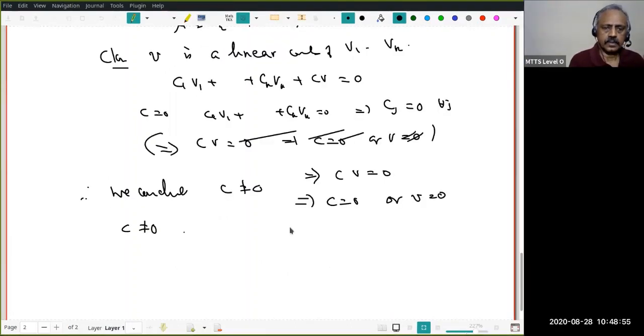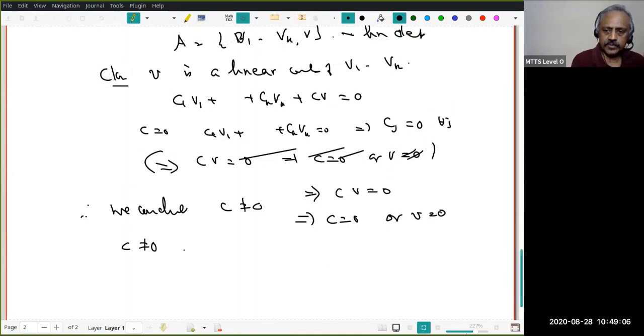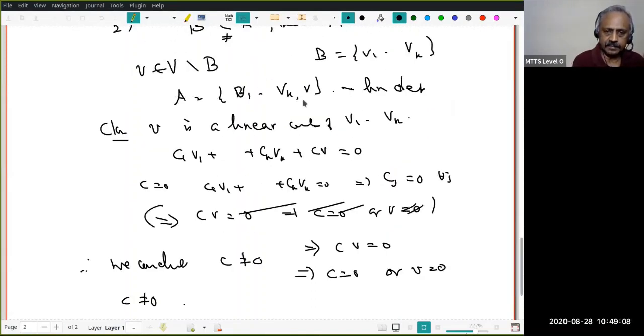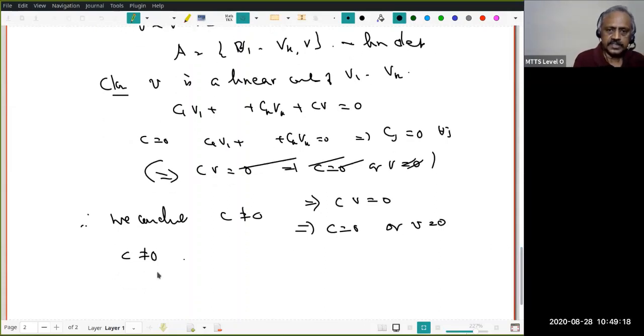Now I claim v must be a linear combination of v1 to vk. By the very definition, we know v1, v2, ..., vk, v, this set, is linearly dependent. That means there exist scalars c1, c2, ..., ck, c so that c1 v1 plus ... ck vk plus c v is 0. Now suppose c is not 0, then I am through. If c is not 0, then v is going to be minus 1 by c into (c1 v1 plus ... ck vk). Therefore, v is a linear combination of v1 to vk.